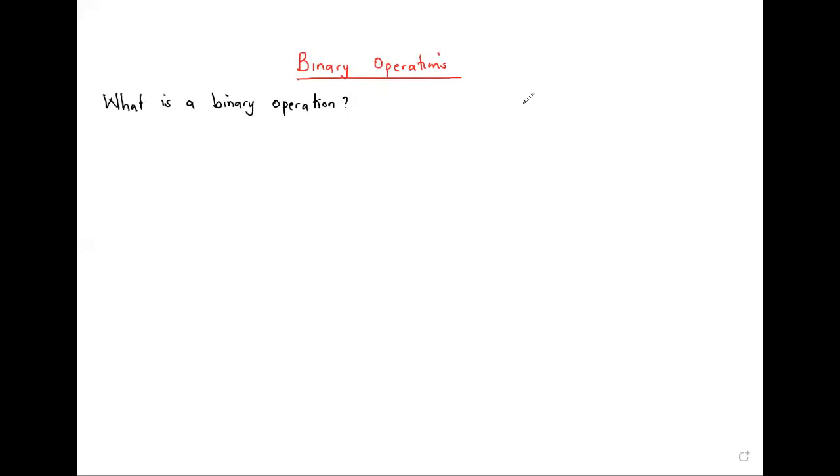I've just started. I hope you're able to get me. In trying to answer the question, what is a binary operation? We illustrate using some examples and then give it a very simple definition.